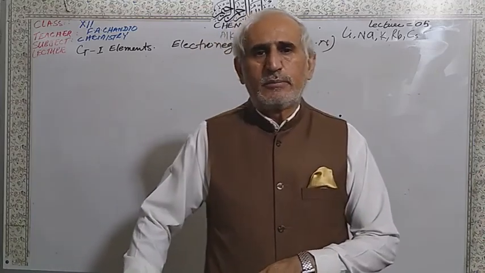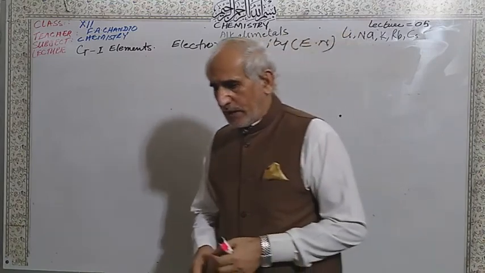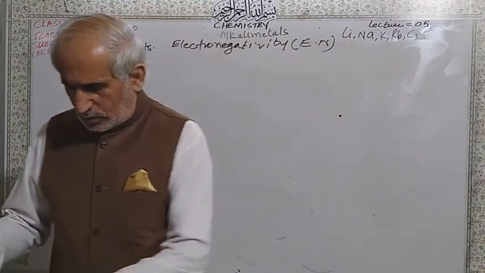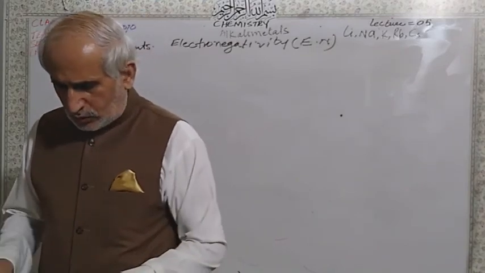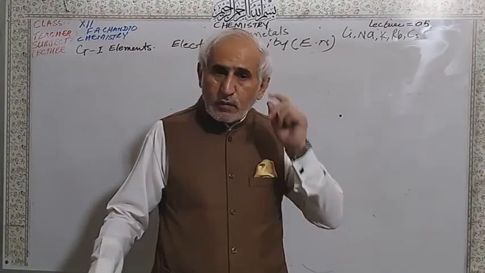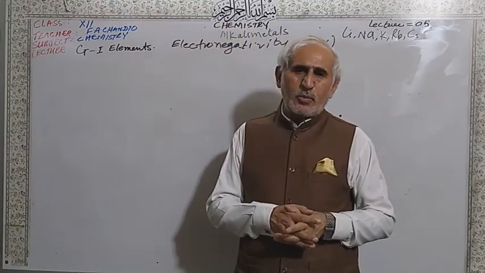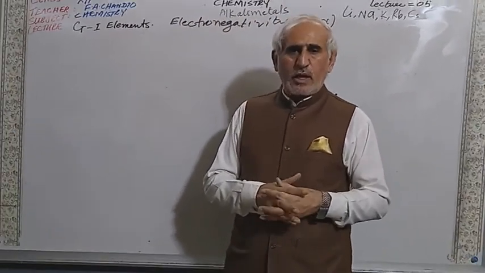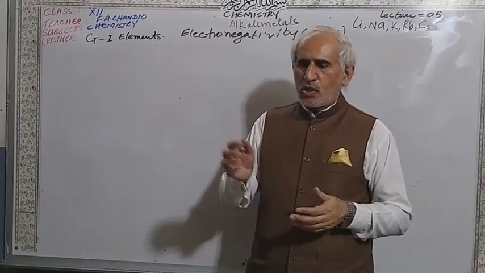We call it the flame test: the property of alkali metals to give a coloration on the Bunsen flame. This is used for detection of the elements. All these are colorless, white, crystalline salts.